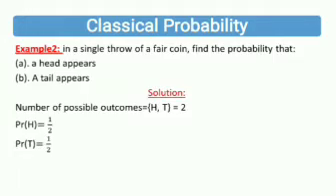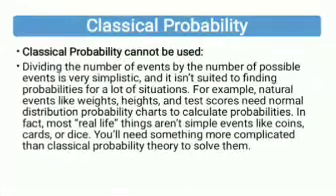Now there are some instances where classical probability cannot be used. Dividing the number of events by the number of possible events is very simplistic and isn't suited for finding probabilities in a lot of situations. For example, natural events like weight. How can you say what the total weight is that somebody is supposed to have?